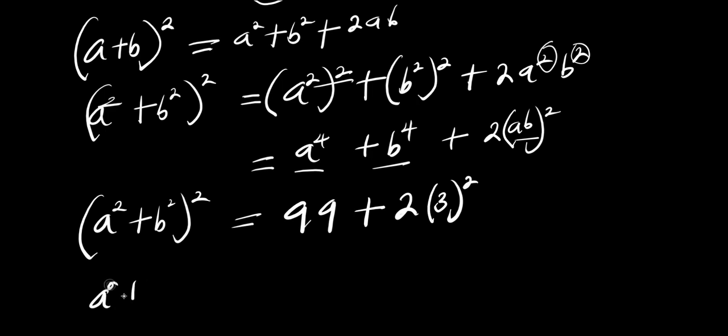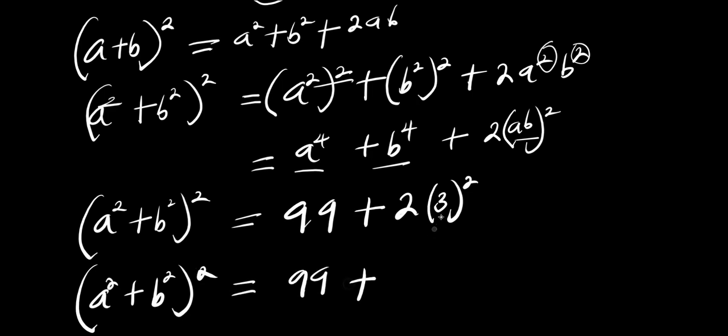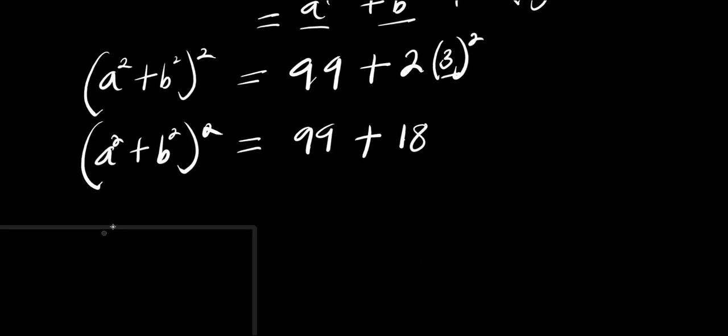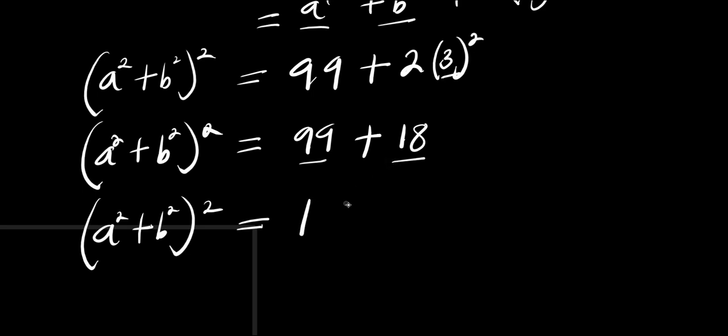So a squared plus b squared power 2 equals 99 plus 3 power 2, that is 9, times 2, we have 18. So from here, we have a squared plus b squared power 2 equals 99 plus 18, that is 117.